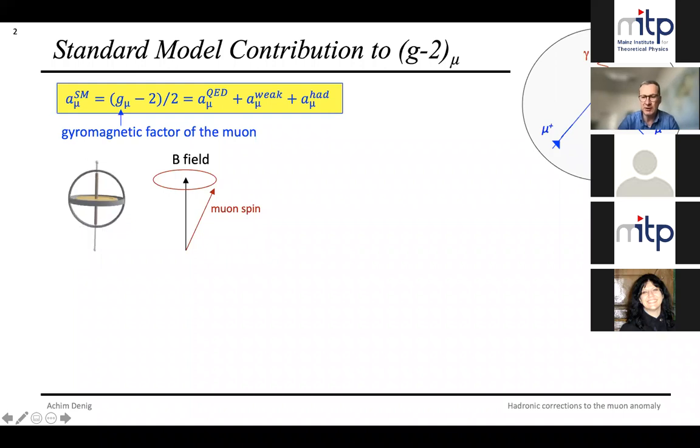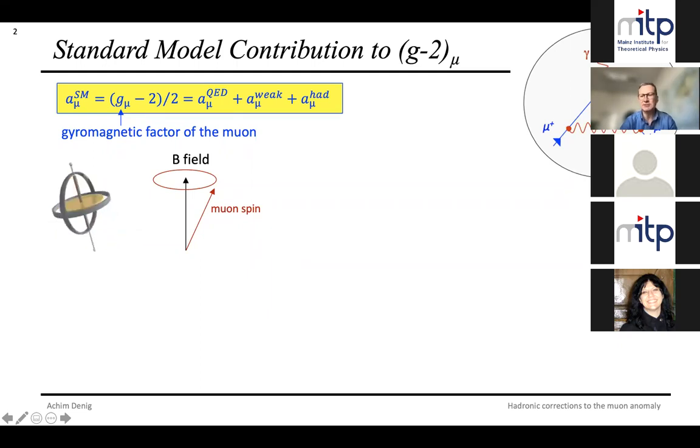And you also know that in Dirac theory, this gyromagnetic factor is calculated to be exactly 2. However, you need to take into account in a quantum field theory quantum corrections. And the most relevant quantum correction is shown here. It's the coupling of a photon to the muon legs, and that leads to a deviation from 2, and therefore we like to call this problem the G-2 problem.